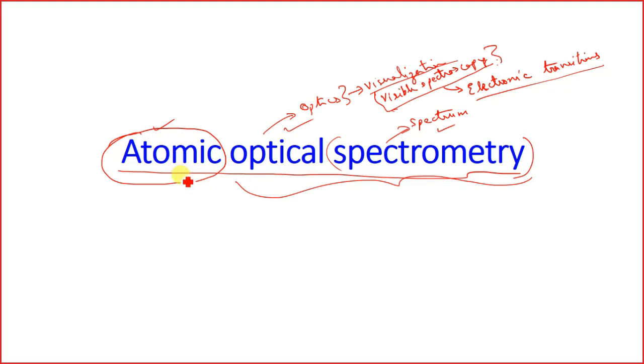Whereas, as the name atomic optical spectrometry suggests, in AOS we have atoms. Now these atoms are being excited, and when they come down to the ground state, they emit light.